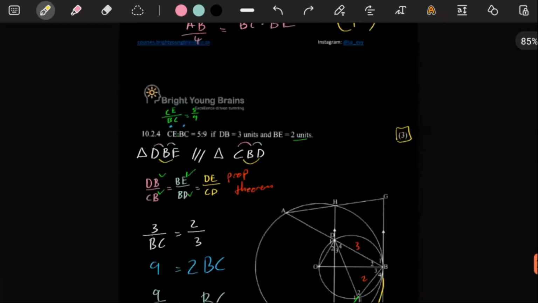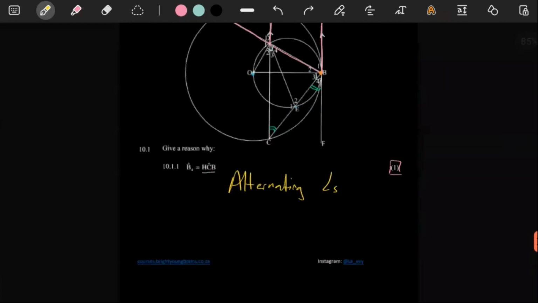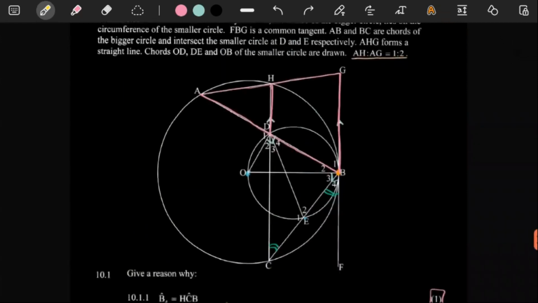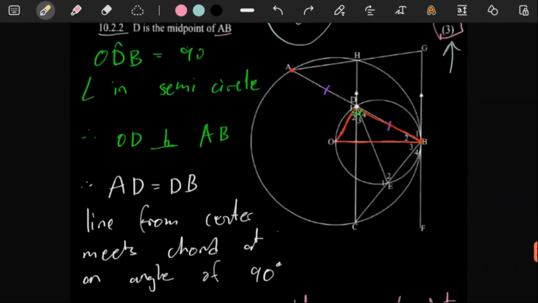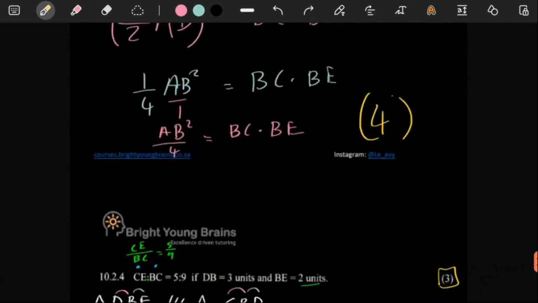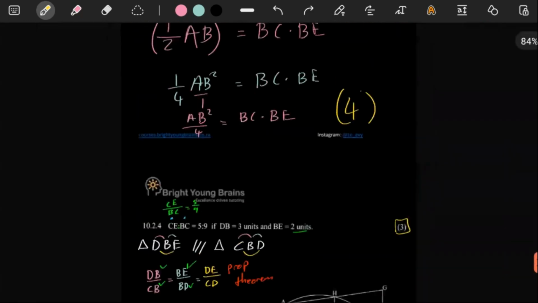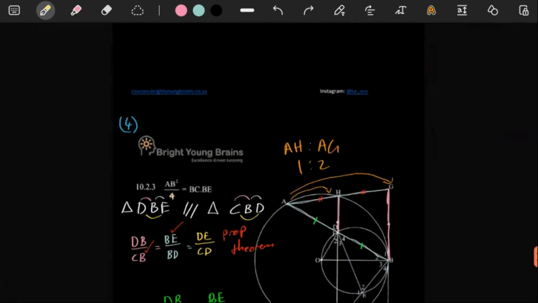Because remember, in the sketch, what they gave us was this, and then they gave us this ratio. They told us that AH to AG, the ratio there is 1 to 2. So let's put our mind at ease by making it known that these are equal, and that this is half of that. Let's just put that down. One way you can do it is to start off with what they told you.